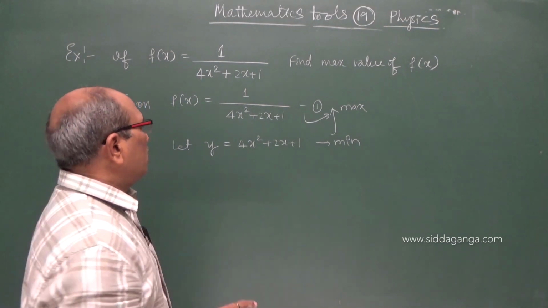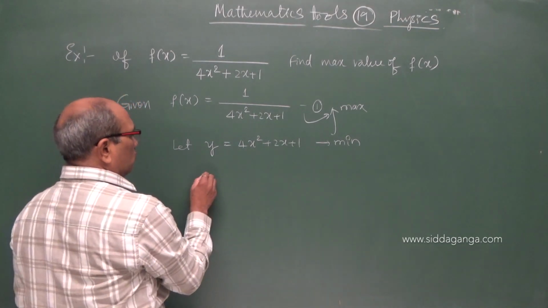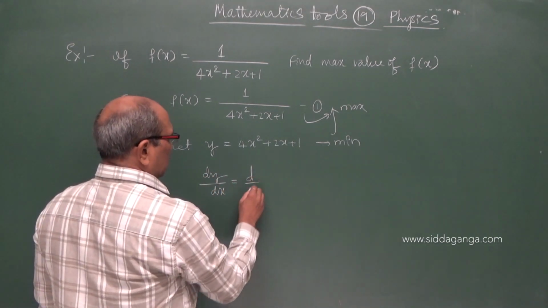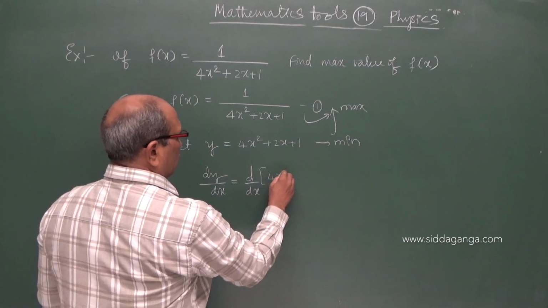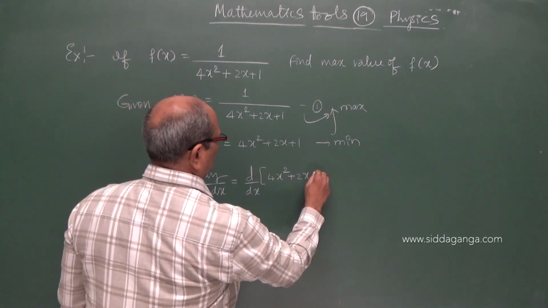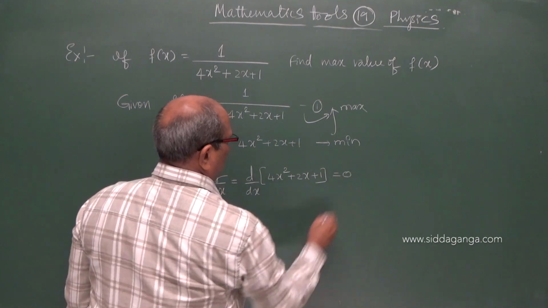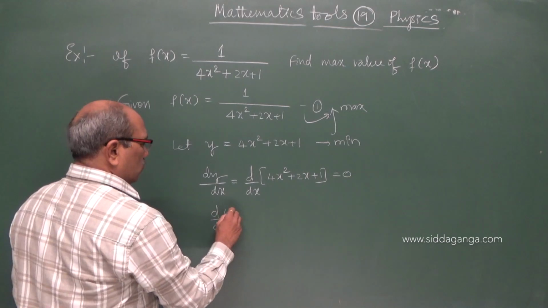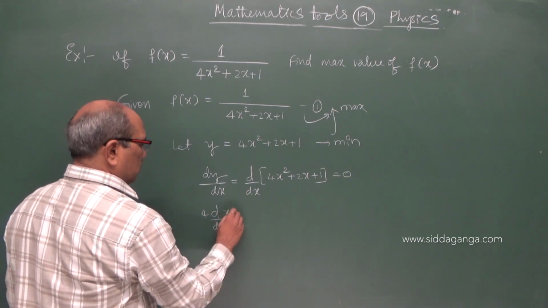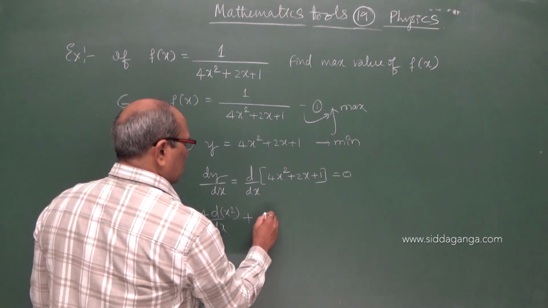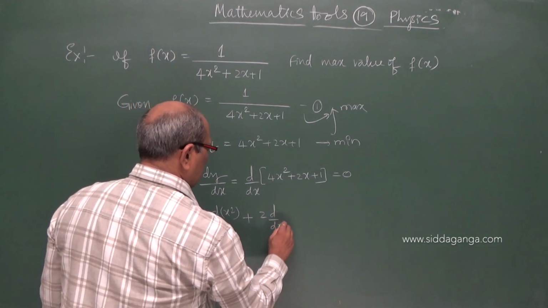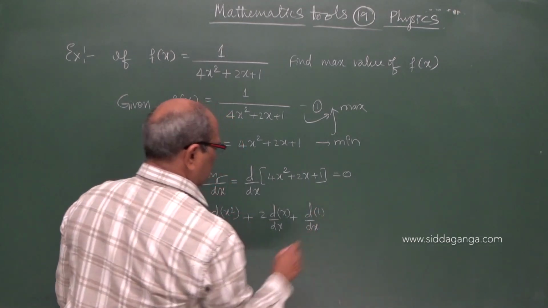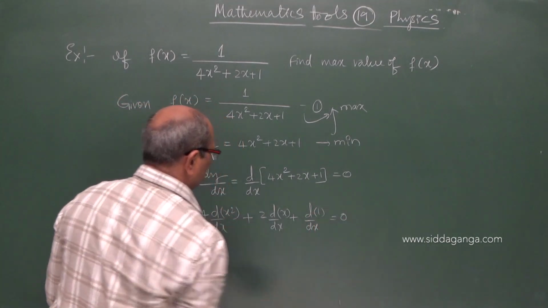To get this minimum, you have to find d by dx of 4x square plus 2x plus 1 equal to 0. Separating each term, 4 into d by dx of x square, plus 2 into d by dx of x, plus d by dx of a constant. That must go to 0.